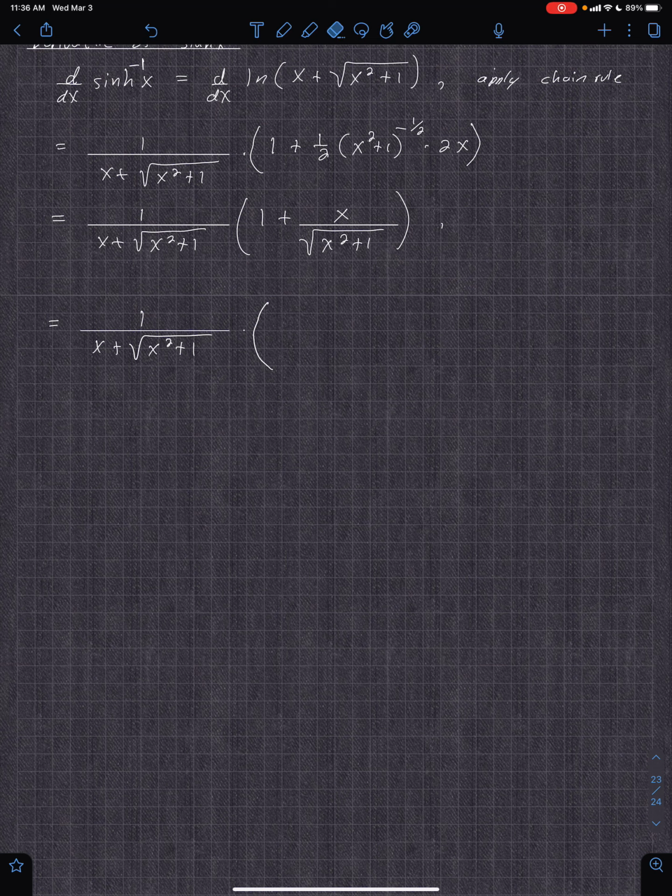All right, so you need to multiply by this top and bottom, and then add that up. So you end up getting the square root of x squared plus 1 plus x all over the square root of x squared plus 1.